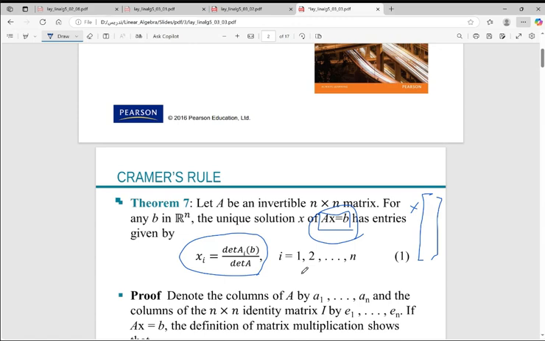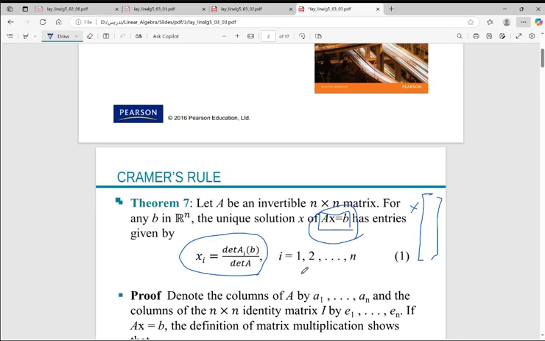And using this theorem is possible if and only if A is invertible. So in the cases where your coefficient matrix is invertible, more than your traditional method based on echelon form, you have another method to solve systems of linear equations. This new method is called Cramer's rule or theorem 7.